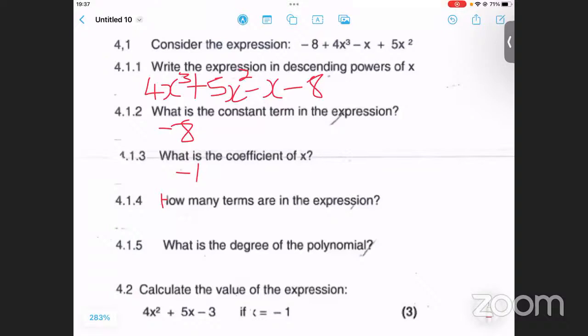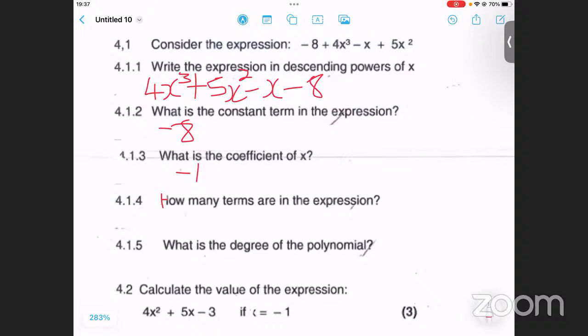4.1.4. They say how many terms are in this expression? Busisiwe, how many terms do we have? Oh, terms, ma'am.